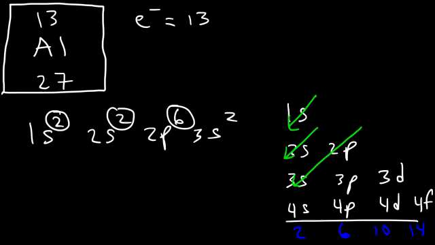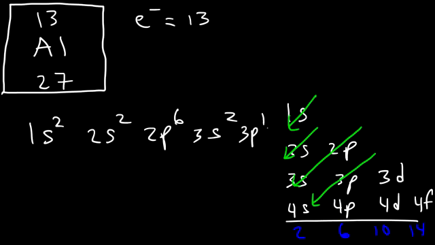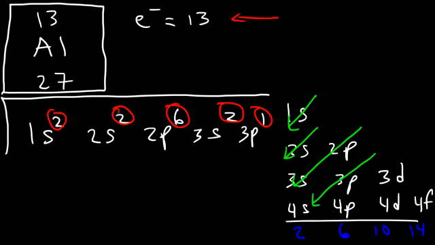We only need 1 more. So after 3s, we need to move on to 3p. Now we don't need to go up to 3p6. We only need 1 more, so we're going to stop at 3p1. If you add 2 plus 2 plus 6 plus 2 plus 1, that gives you a total of 13. So this is the ground state electron configuration of an atom of aluminum.